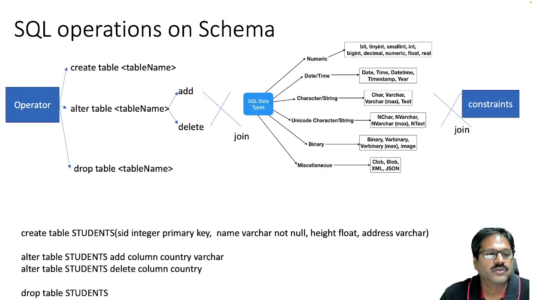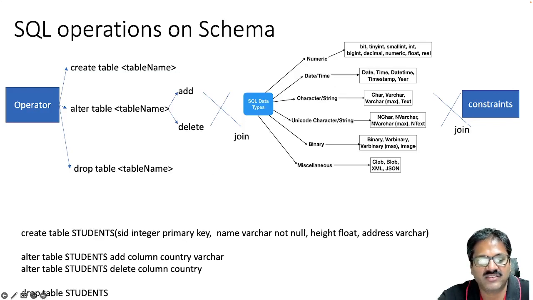How do we frame the statement? For example, I have to create a table. The structure is very simple: create table, table name. In the braces, you give the name of an attribute. For example, SID. SID is an integer type and it is a primary key.